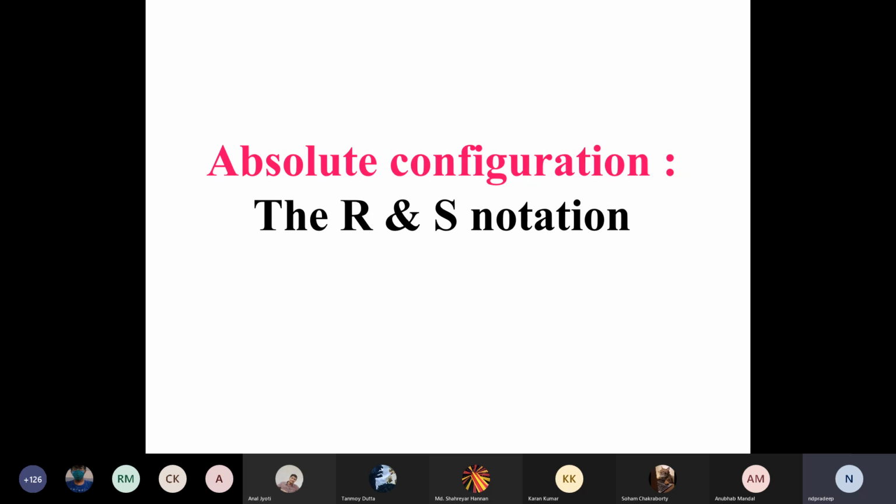Yes, this is a very important thing because this misleads many people. I want to remove that misconception which we have in our mind. The scientists were looking into the optical activity of the molecule using plane polarized light.